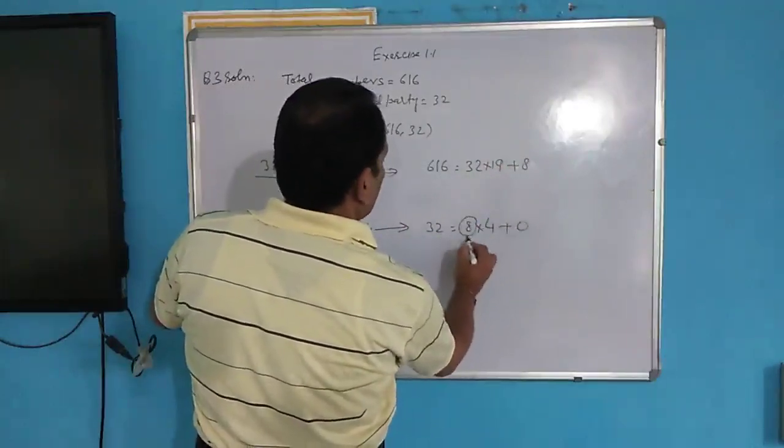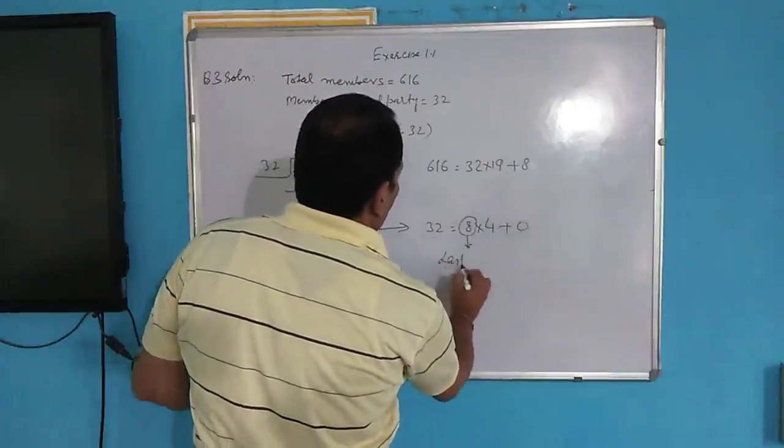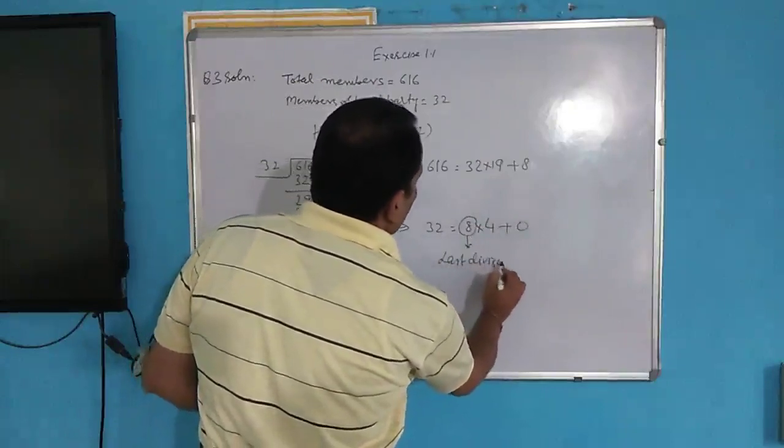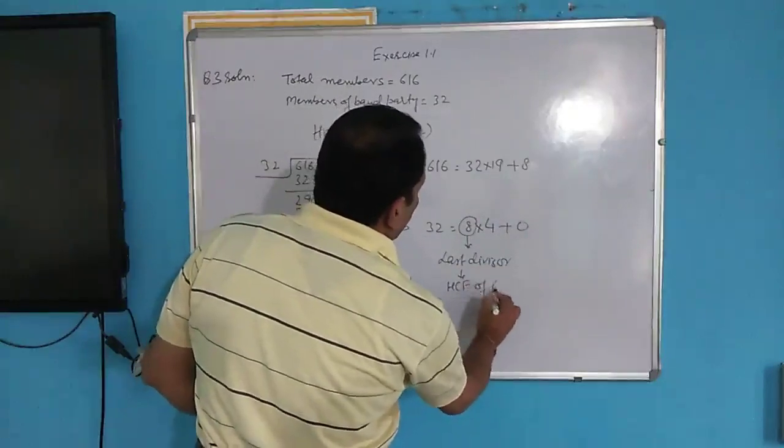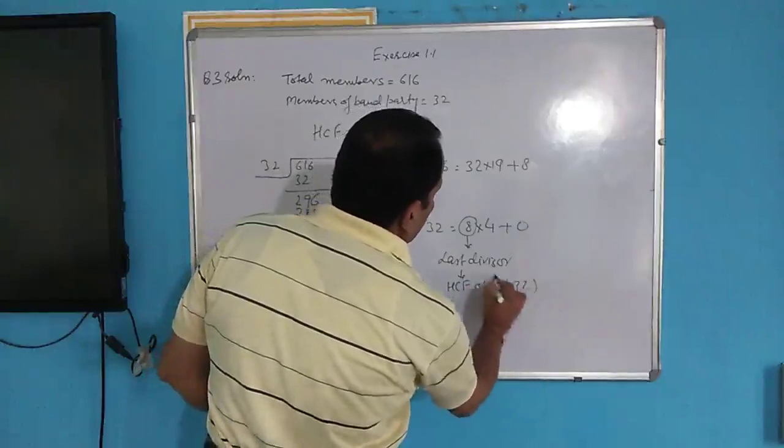So this last divisor is the HCF of 616 and 32.